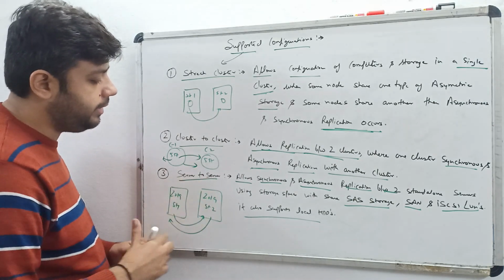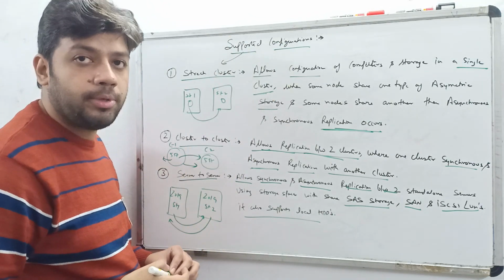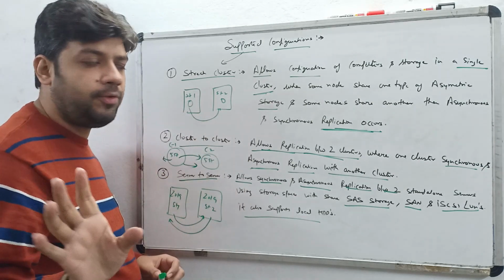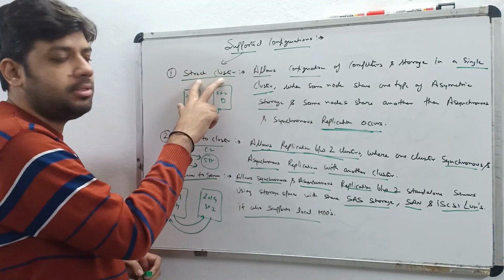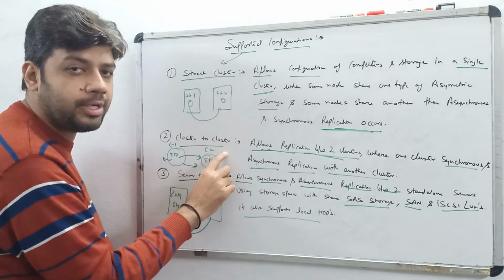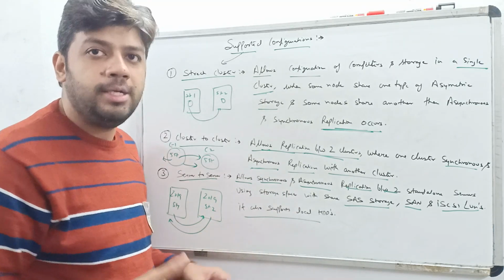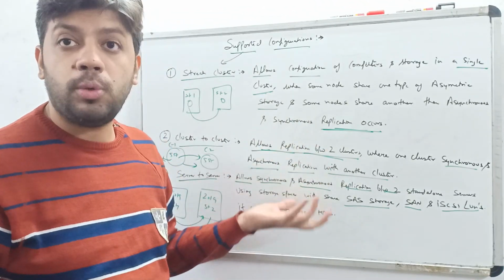So it gives you server to server support. If you're using clusters, we have two types of configurations: stretch cluster and cluster to cluster. And it gives you server to server, meaning standalone servers, also. So that's it for the theory part, guys.